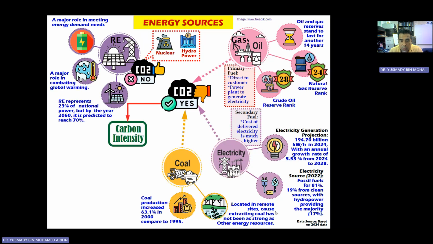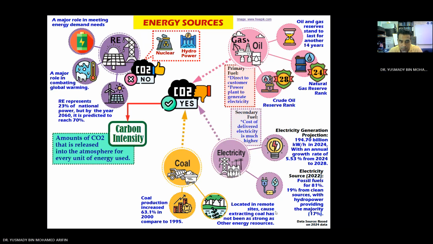Okay. So in order to describe the amount of CO2 that is released to the surroundings, we have a parameter that we call carbon intensity, which represents the amount of CO2 that is released into the atmosphere for every unit of energy use. And it depends on the type of fuel used for a certain process.